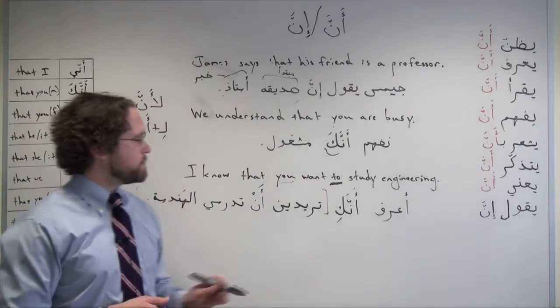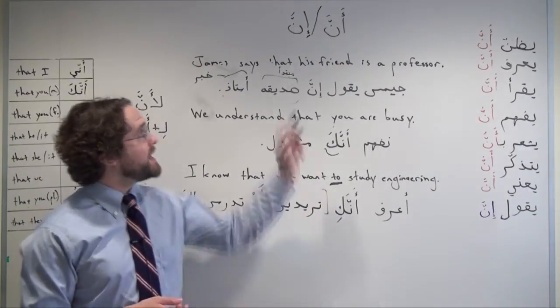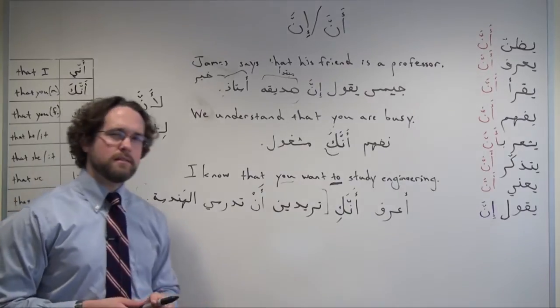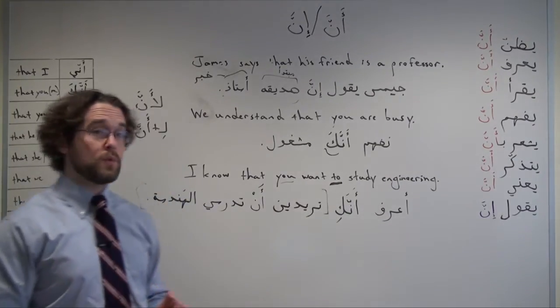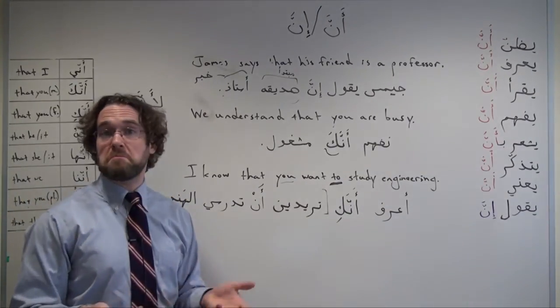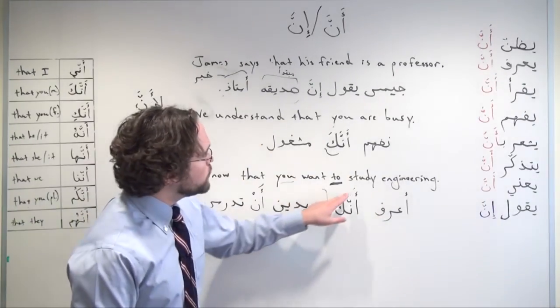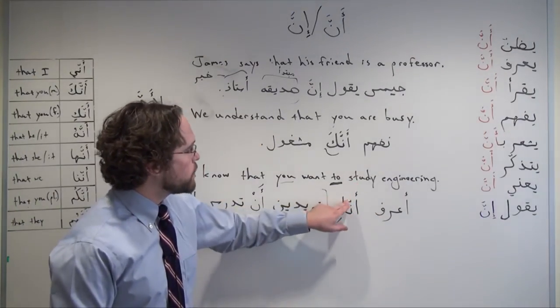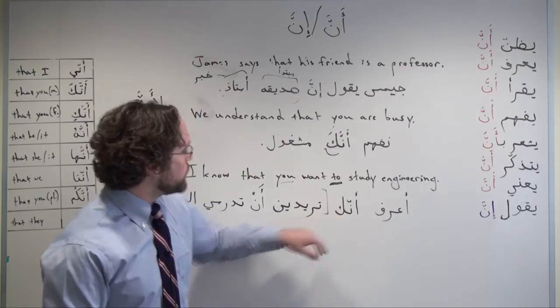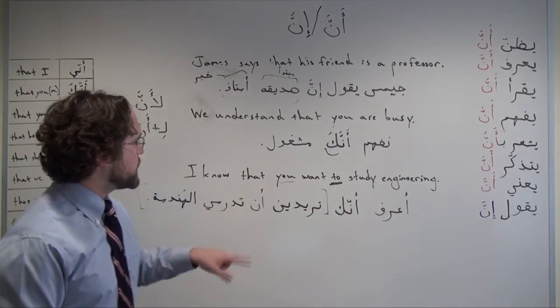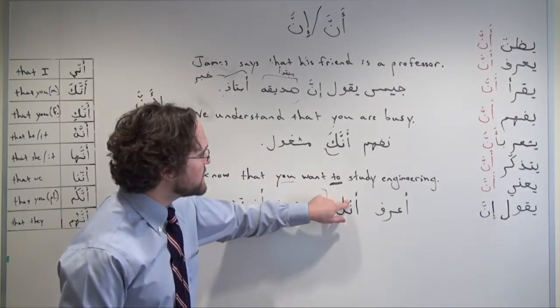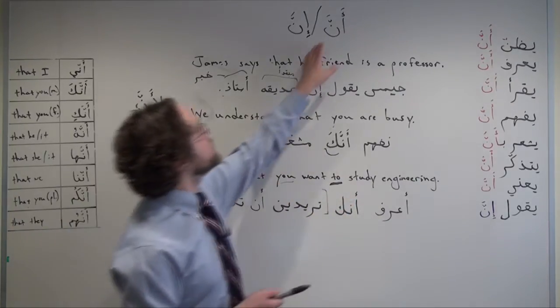One thing to bear in mind is that anna and an look very similar when they're written down, right? Ordinarily, in normal print, we're probably not going to see our vowel markings, we're not going to see fatha or sukun, we might not even see that shadda, right?